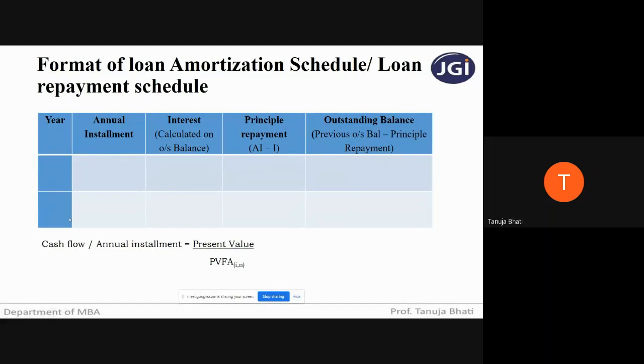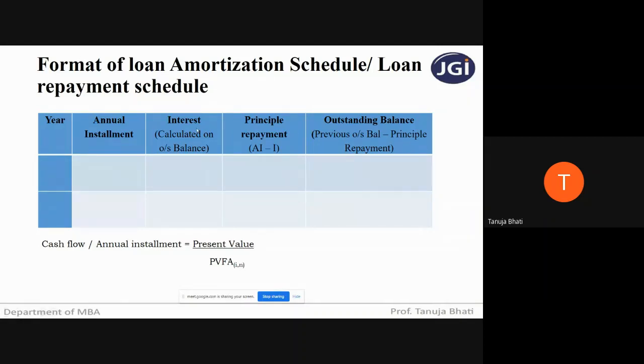So if the loan period is 5 years, for 5 years you write the same value in each of the rows under the column annual installment. Annual installment basically means the installments that you will be paying to the bank every year in order to pay off your loan.